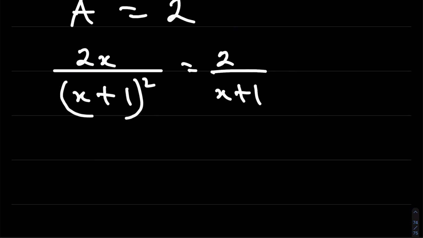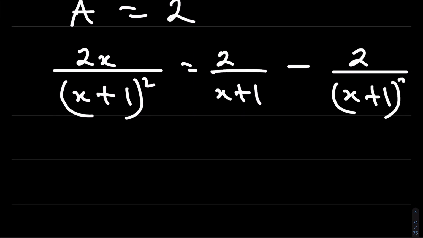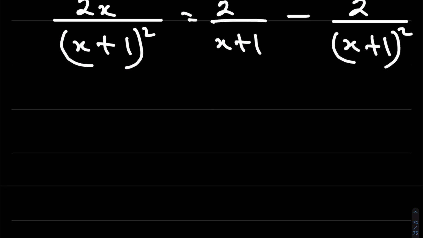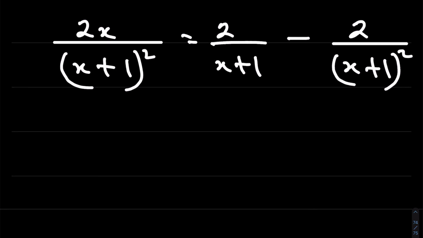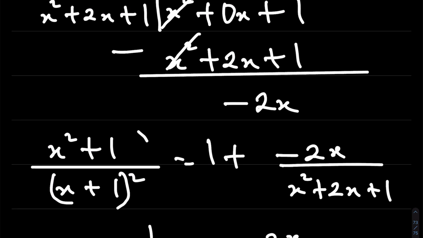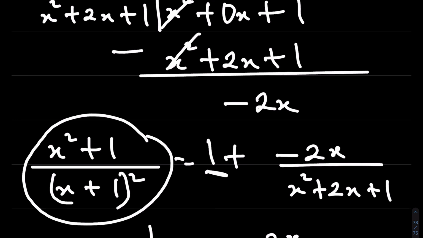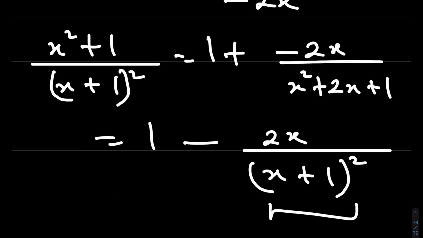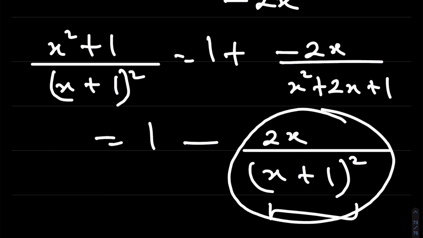That's plus times minus is minus, so that will be minus 2 all over the square of x plus 1. So that therefore means the original improper fraction that we intended to resolve into partial fractions is going to be 1 plus what we got for this. But let's not make that mistake, there's a minus here. So we have resolved this into partial fractions, so we have to multiply that by minus 1.